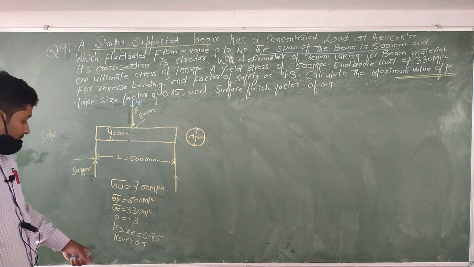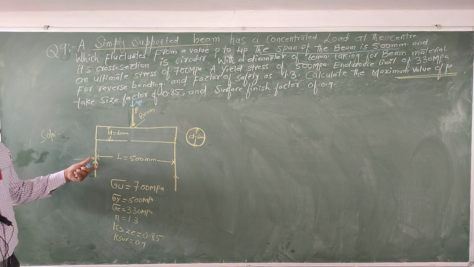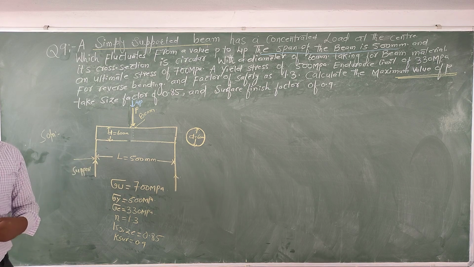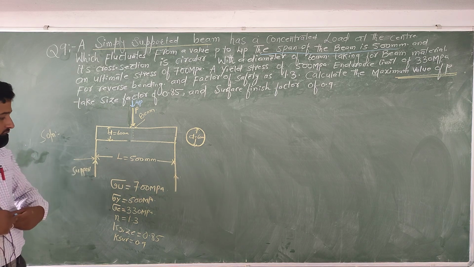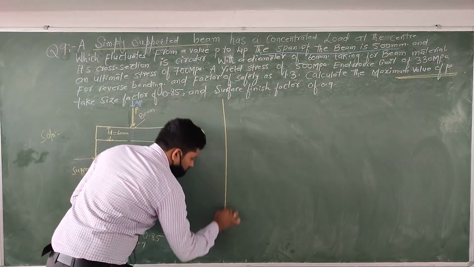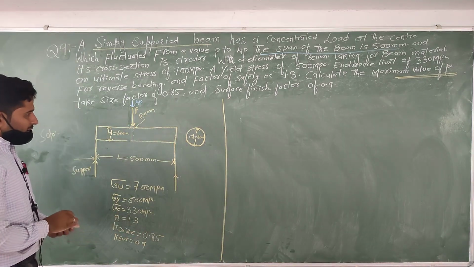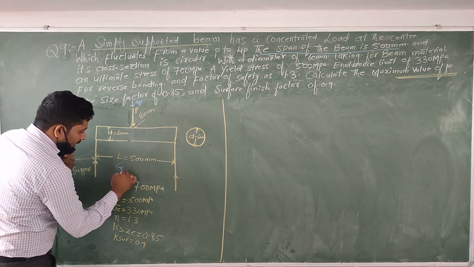Here K f is not given. If it is not given, then you need to consider the value of K f as 1. Then in the given data, you have to write down the given data.